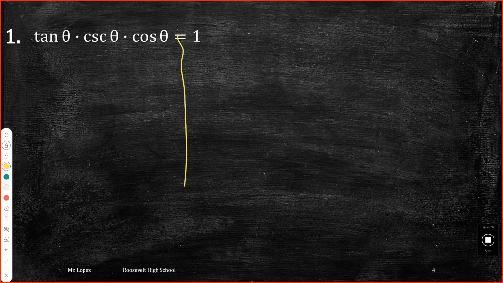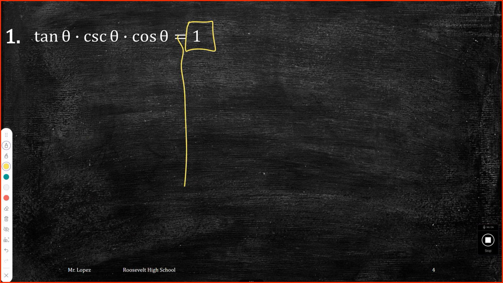And so you're trying to make something that is complex simple. You don't want to make anything that's simple more difficult. So when I ask, work on the more complex, more difficult side, make it simple, because it can't get any simpler than 1. That's as simple as it could get. So we're trying to prove that this left side is the same as 1.